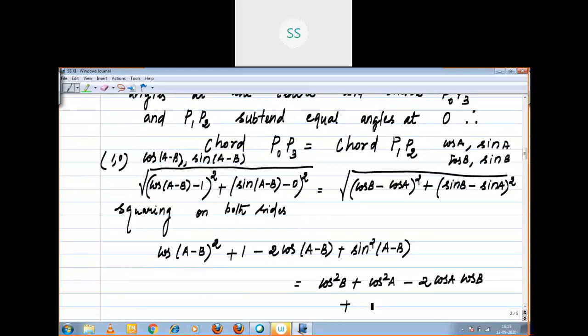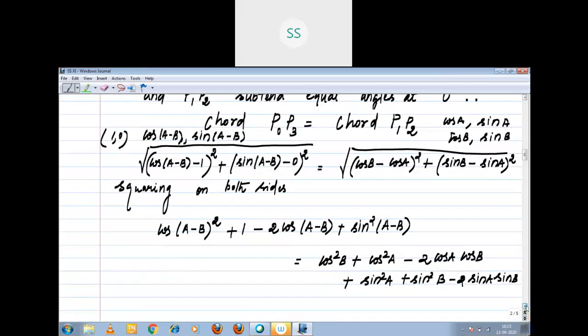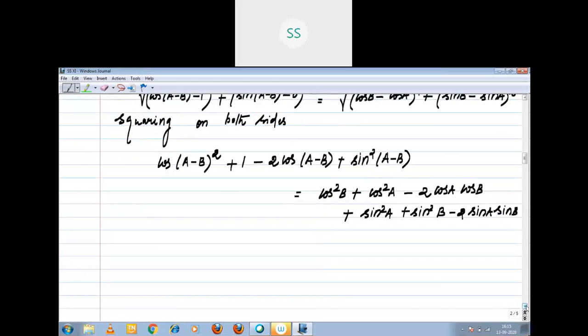So there is no value, which is equal to cos square B plus cos square A minus 2 cos A cos B plus sin square A plus sin square B minus 2 sin A sin B. When you are doing squaring, the square root has to be removed. That is understood, children. You know the basic identity.